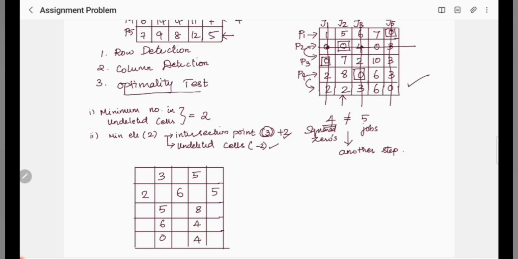So we have done the first two steps: at the intersection points we add 2, and in the undeleted cells we subtract 2. And what happens to the remaining deleted cells? The remaining deleted cells should be copied as such. So I am just copying the cells as such.